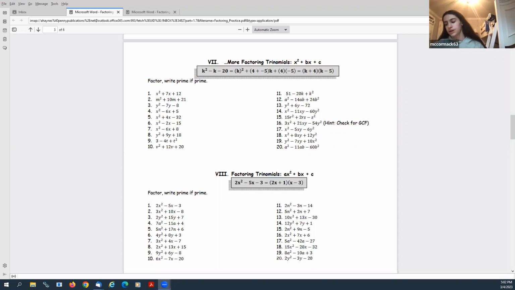I got 7a squared plus 11a minus 4. Yeah, well, it shouldn't be that way, should it? No. So you have to do something a little different.